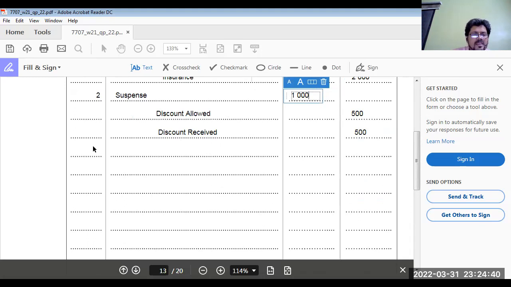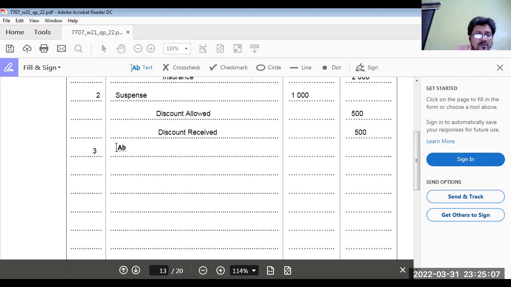Now, error number 3. The error was in Kajal's account. Kajal was debited by 1,000, but the sale was originally 1,400.